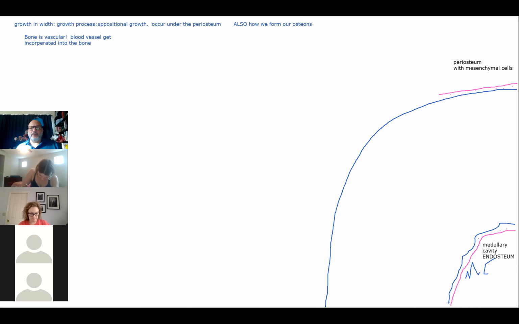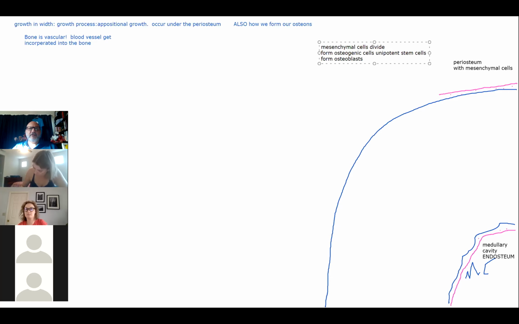All right. So as I said, the basics of this process is very straightforward. Mesenchymal cells divide, and when they divide, they form our osteogenic cells. Right? Those are our unipotent stem cells that form our osteoblasts.